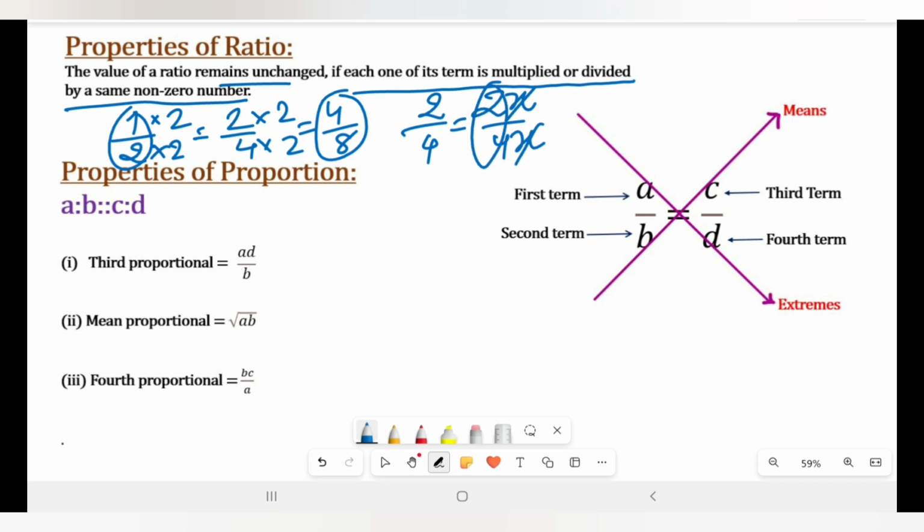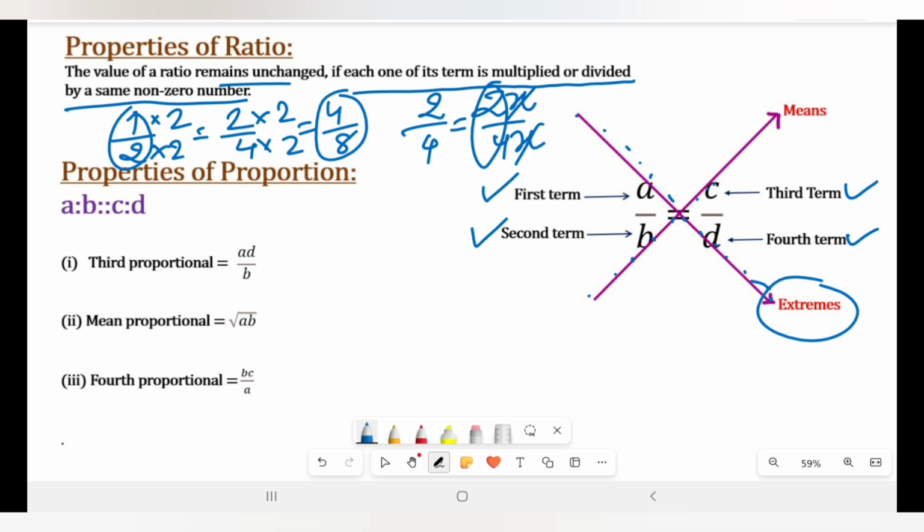Okay, so let us move on to the properties of proportions. Proportion is a divided by b is equal to c divided by d. Here, as you can see, this is called the first term, and these are the second, third and fourth terms. A and D are called extremes, and B and C are called means.